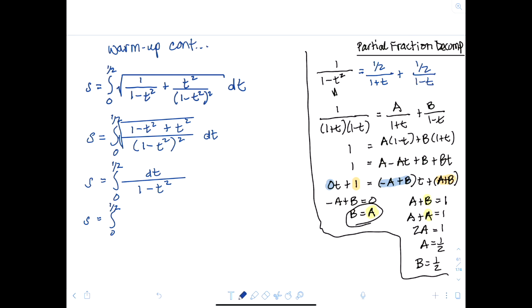Groovy? All right, and so now, I can factor out the 1/2, and I'll have 1 over 1 plus t plus 1 over 1 minus t with respect to t.